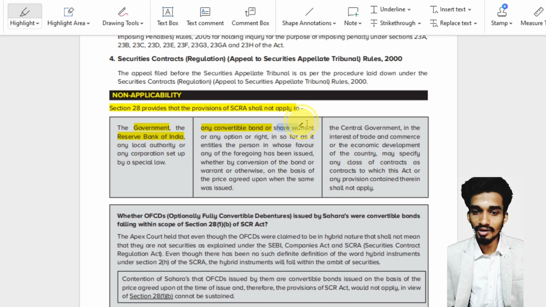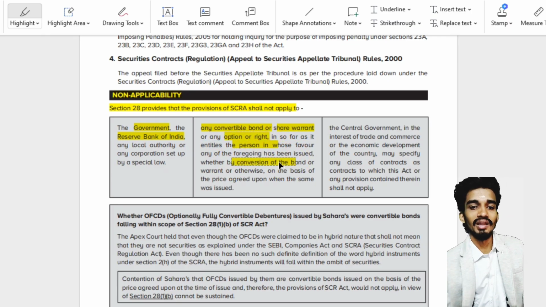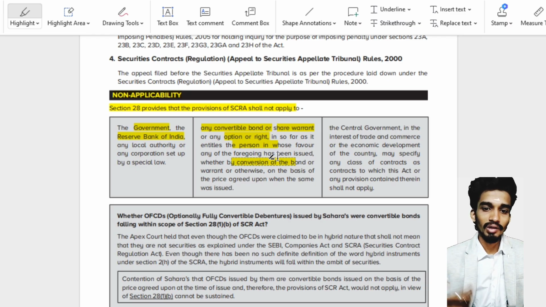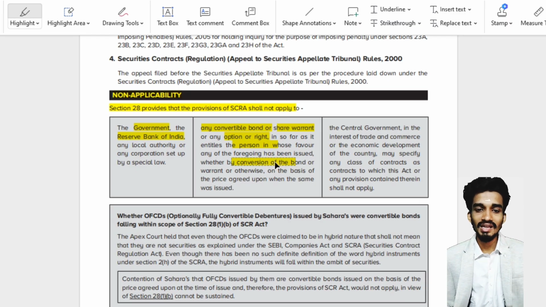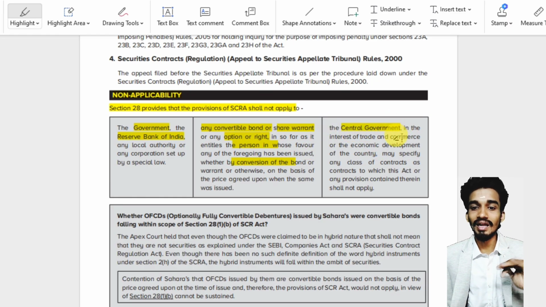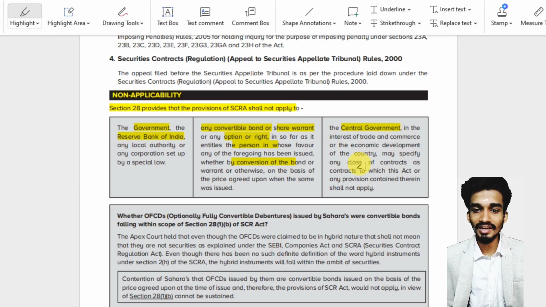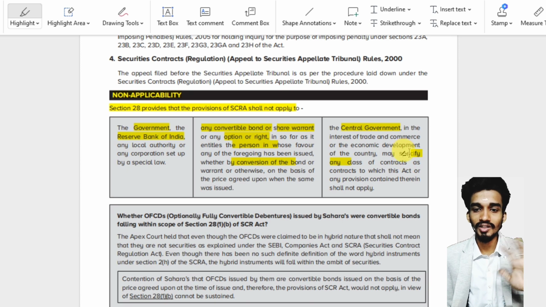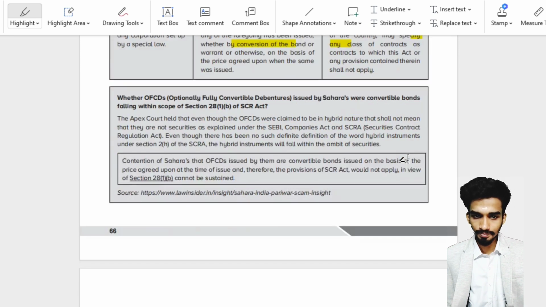So any share warrant or any option that is given to any persons. What they are trying to tell is that any convertible bond which is convertible to equity shares, the SCR Act won't apply. And any class of securities which is specified by the central government, especially specified by the central government.